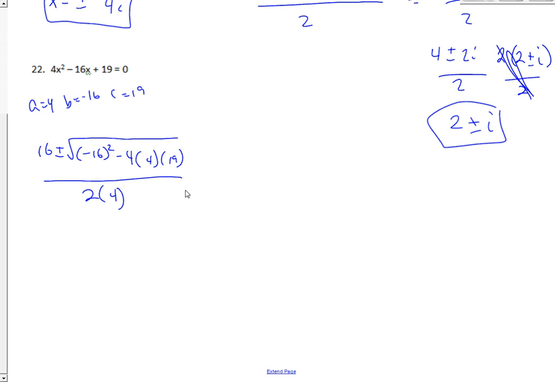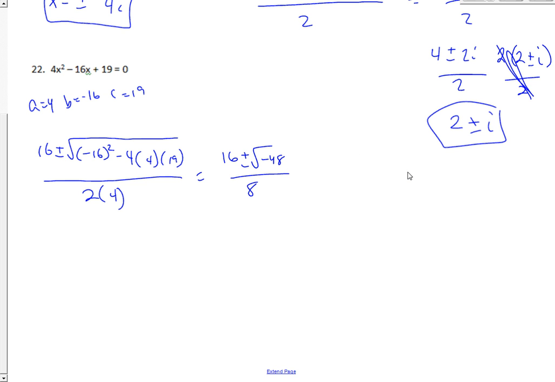Under the radical, 16 squared minus 4 times 4 times 19 is going to give me negative 48. So I get 16 plus or minus the square root of negative 48 over 8.